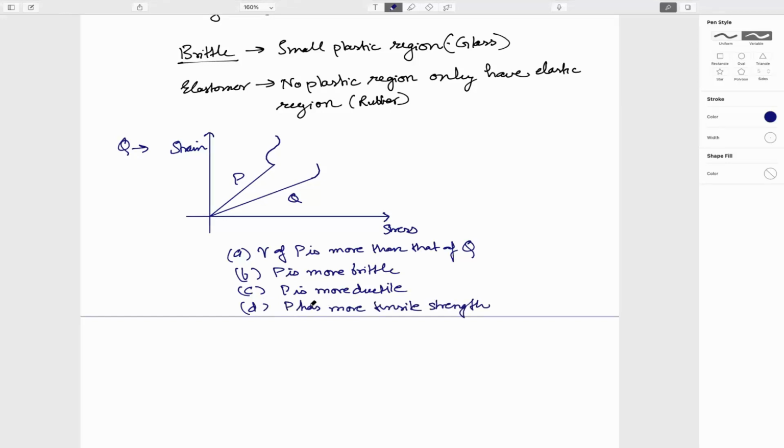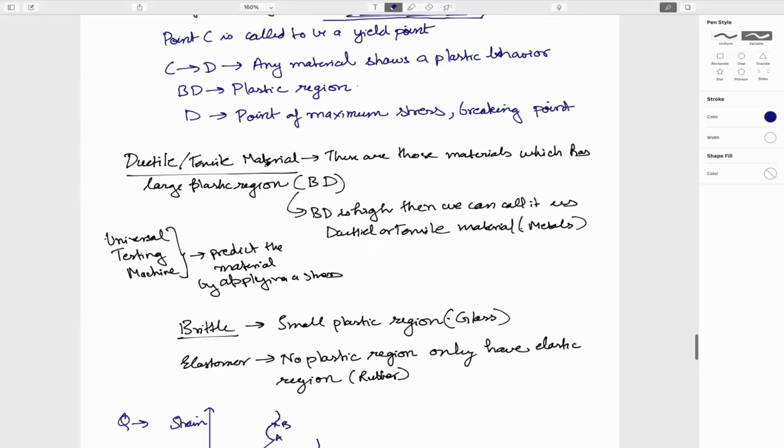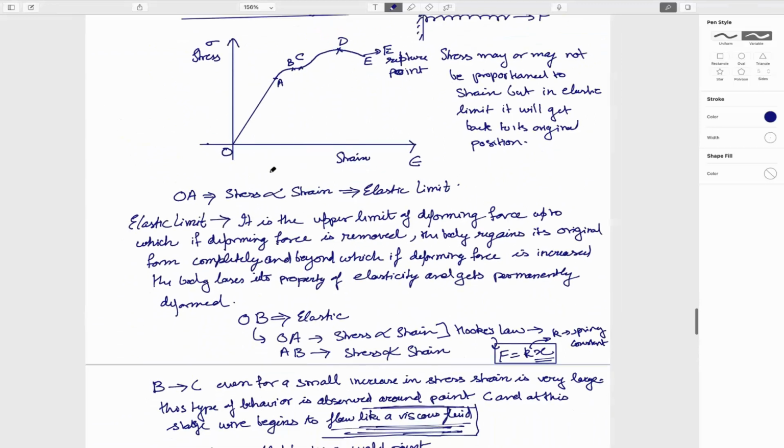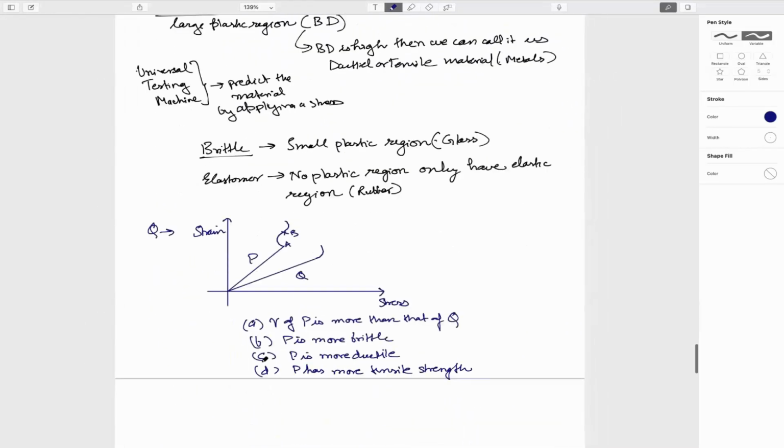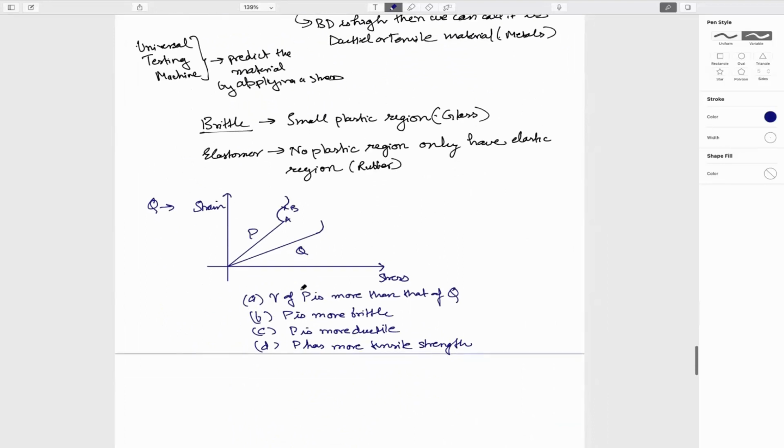Let's think about this question a bit. This is point A, this is point B; relate this with the diagram and answer. It is multiple choice, so maybe more than one option is correct.